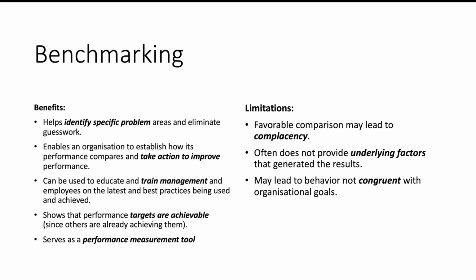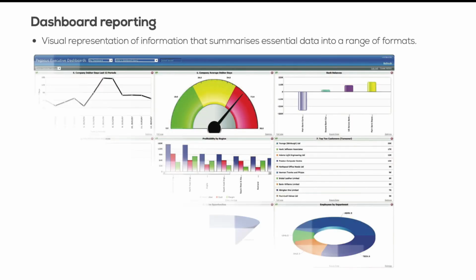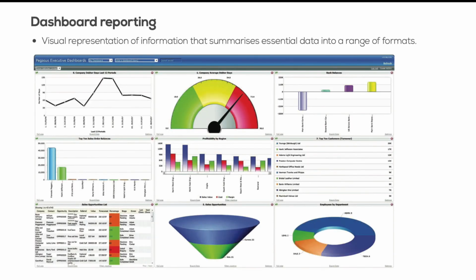Now coming to the important thing, that's dashboard reporting. It is a visual representation of information that summarizes essential data into a range of formats. You must have seen this kind of information in management reports, or in the prospectus of an organization, or in the shareholders report or the annual report that is published by the organization and given to the ASX.